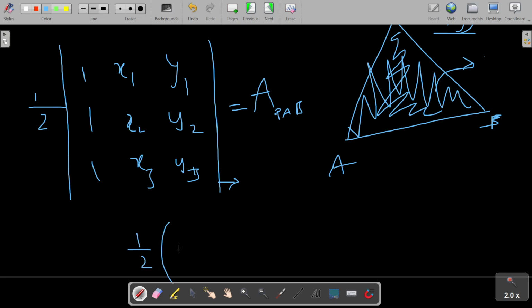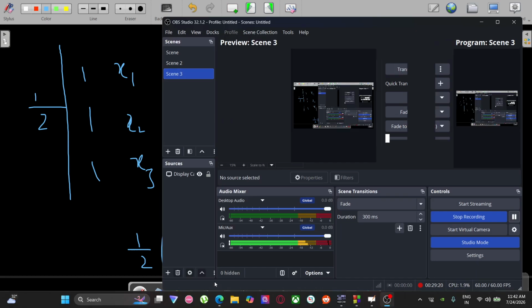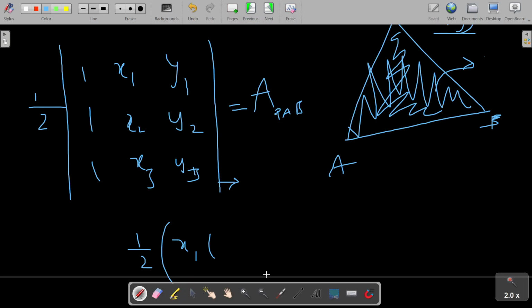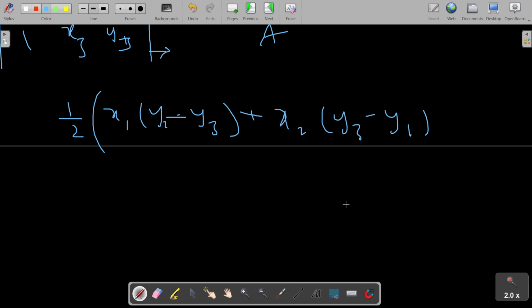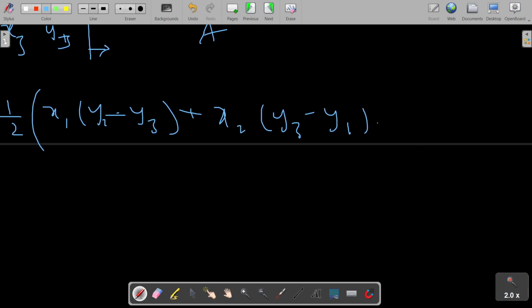Let me write down the formula: x1 into y2 minus y3, plus x2 into y3 minus y1, plus x3 into y1 minus y2.